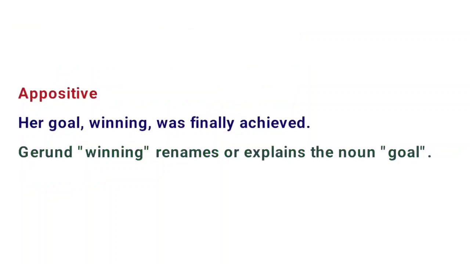A gerund also works as an appositive in the sentence. For example, her goal, winning, was finally achieved. The gerund winning renames or explains the noun goal. Let's further describe what an appositive is.